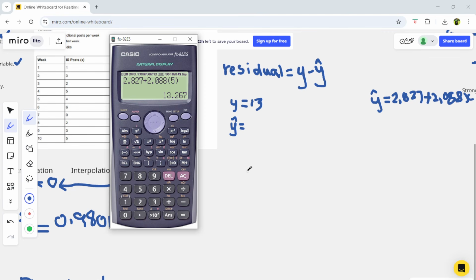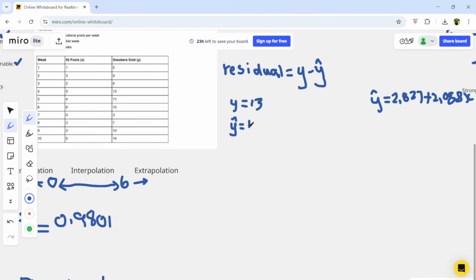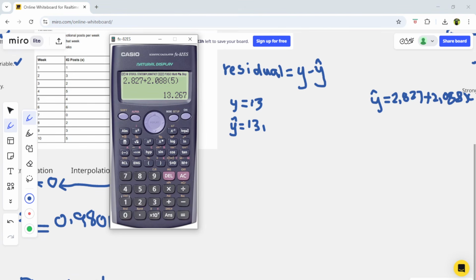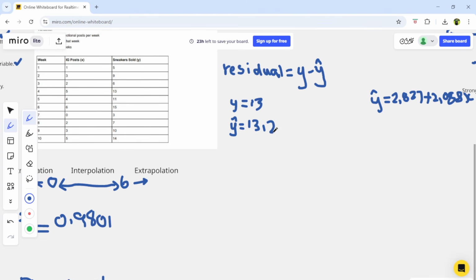So you're going to write this as it is, ne? 13.267, which is approximately 14 sneakers if you're going to put it like this, but for now let's leave it like this for the residuals only. Ne? You don't need to round this off, right?